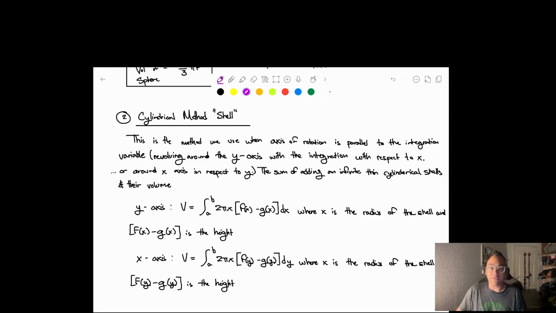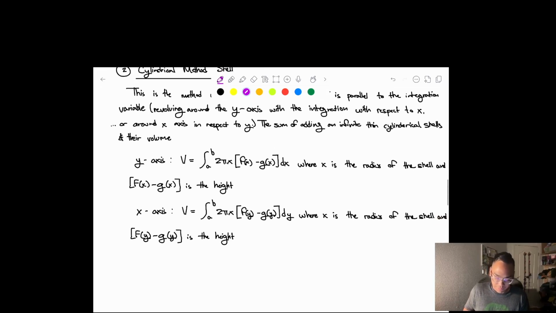So kind of think about it as a parallel versus a perpendicular. Or around the x-axis with respect to y. Basically you're going to take an infinite amount of thin cylindrical shells, and you're going to calculate their volume and then you're going to add them up.